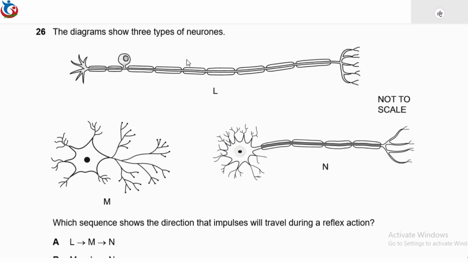This L is the sensory neuron. See, this part is a unique feature of a sensory neuron. This is the relay neuron that connects the sensory with the motor neuron. Then here we have the motor neuron.